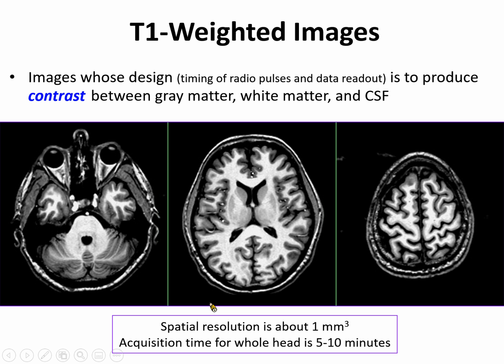The Tesla is a unit to measure the strength of the magnetic field, and the larger the Tesla, the larger the magnetic field. If you increase the magnetic strength to like 7 Tesla or even higher, then it is possible to achieve higher resolution of the brain tissues or even other parts of the body.